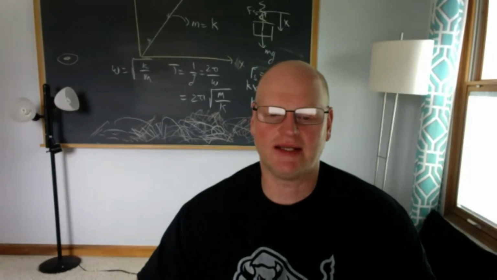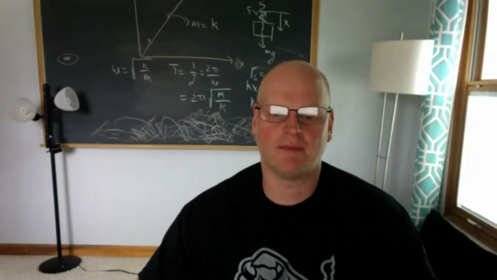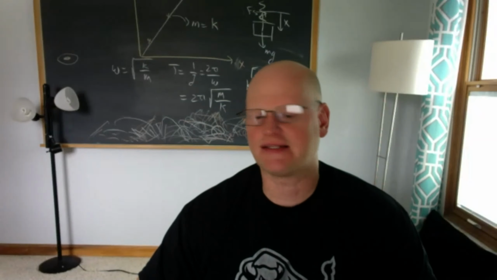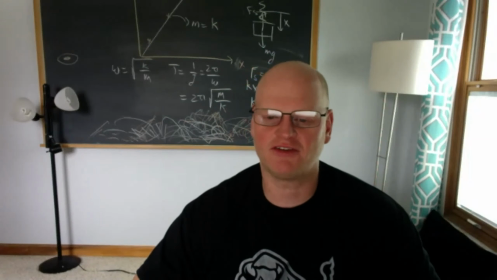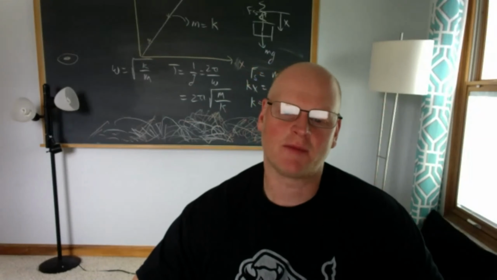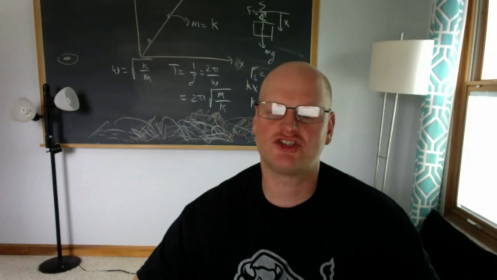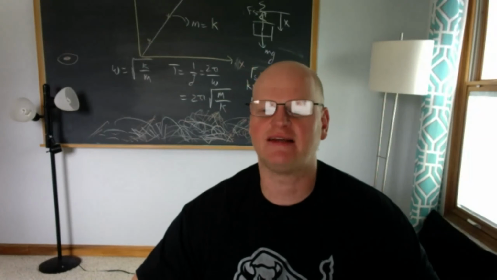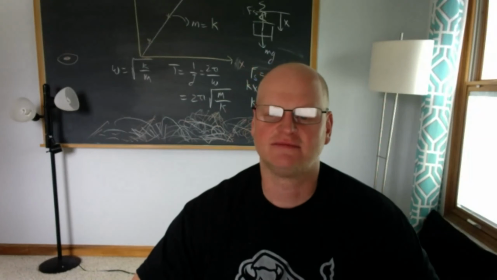We're working on C right now for the drift velocity. Good. So drift velocity, you can either use the current or the current density. Either one is fine. If you use the current density, then remember the current density is equal to the charge times the number density times the drift velocity.